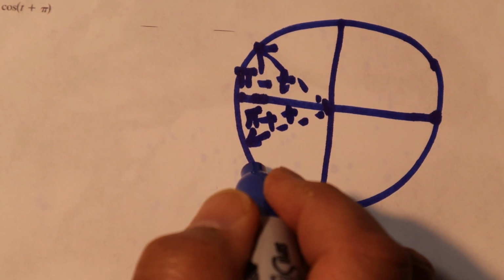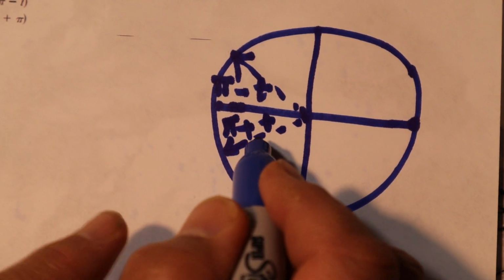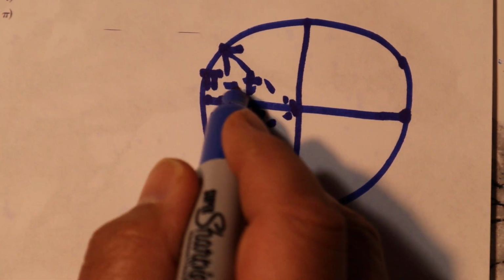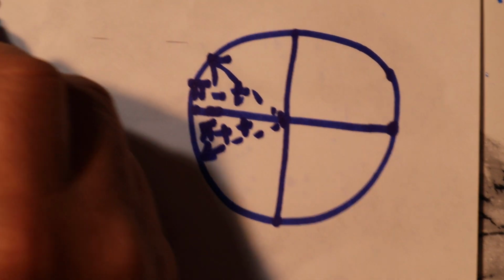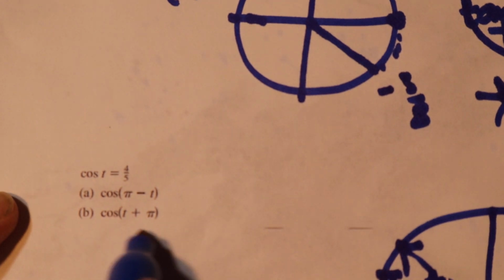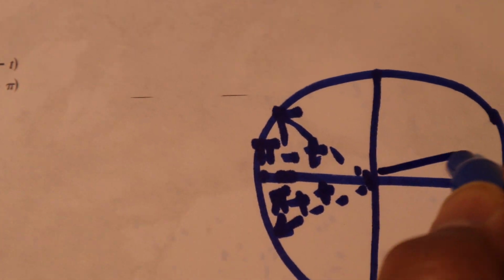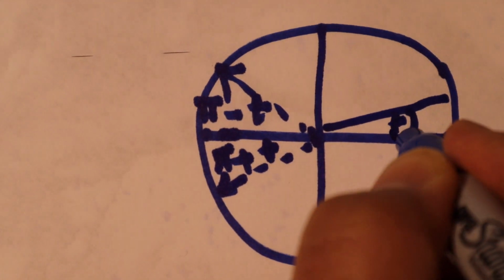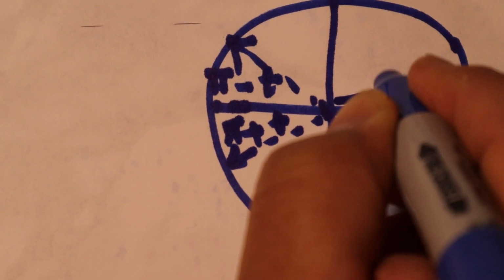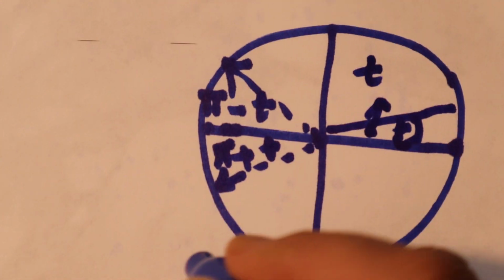So we know pi plus t is in the third quarter, and pi minus t is in the second. Pi minus t in second, and t plus pi in third. And extra information: this is our t, the essential t. Let's do it more beautifully. This is t.